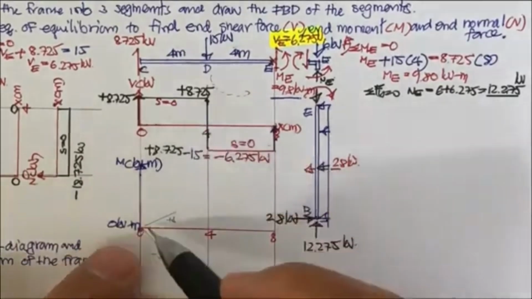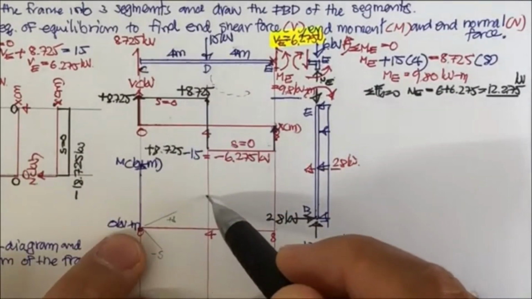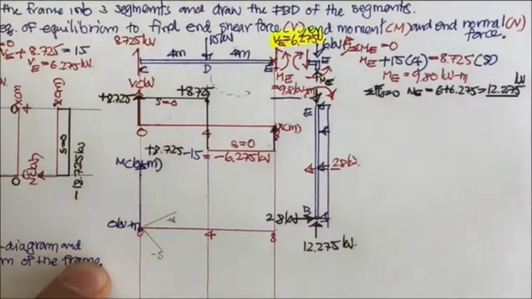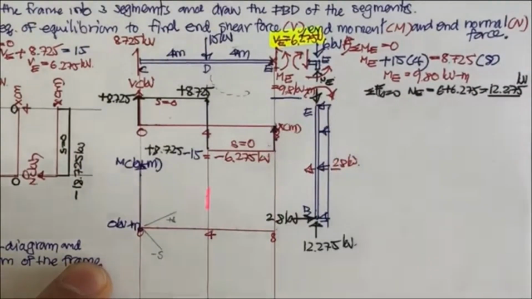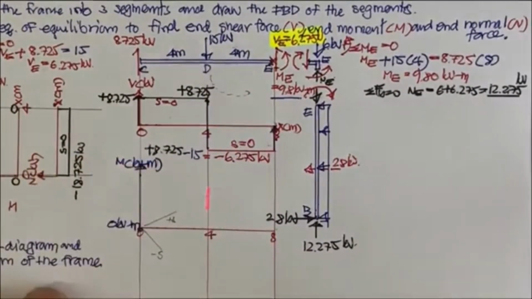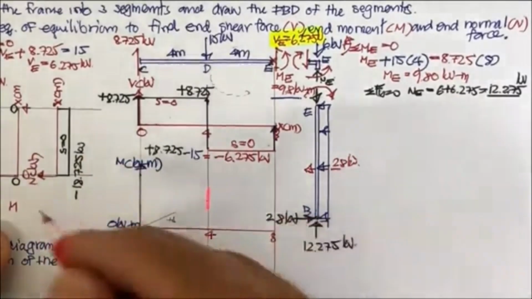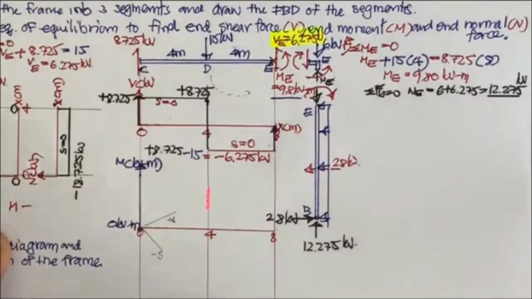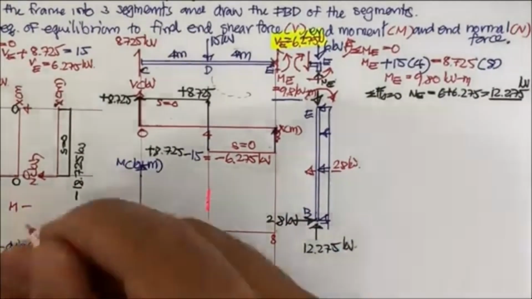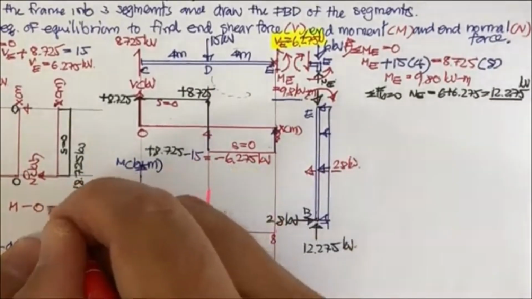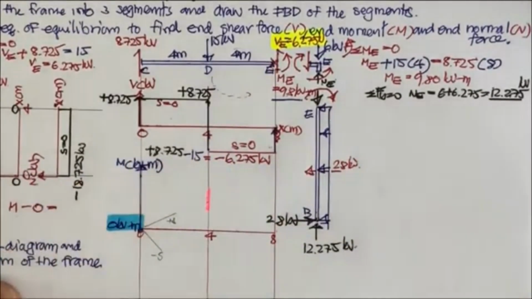It's going to be plus, but we don't know the magnitude of the moment here. We can find it by the moment here minus the moment here, moment after minus moment before. It's going to be equal to the area of the shear diagram.